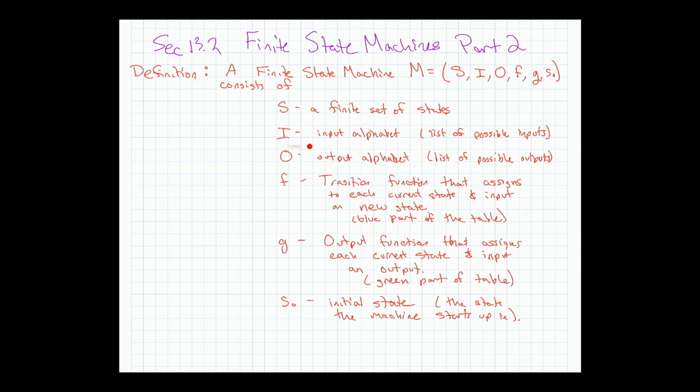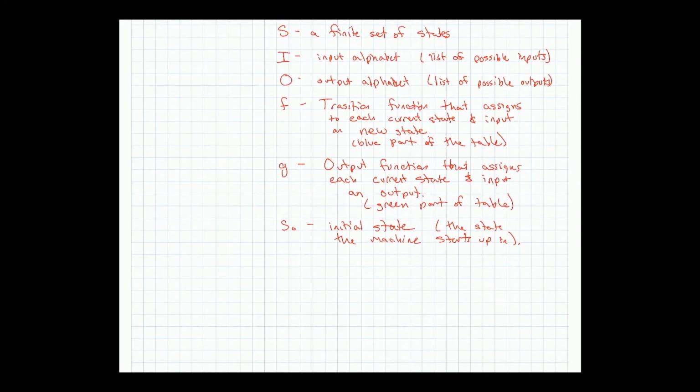You have all of the possible inputs. The inputs could be anything. This is just a list of all of the inputs. You have an output alphabet, which is kind of the same thing, but it's a list of all of the possible outputs that your state machine can have. Then you have a function that, for every current state and every input, defines the new state.